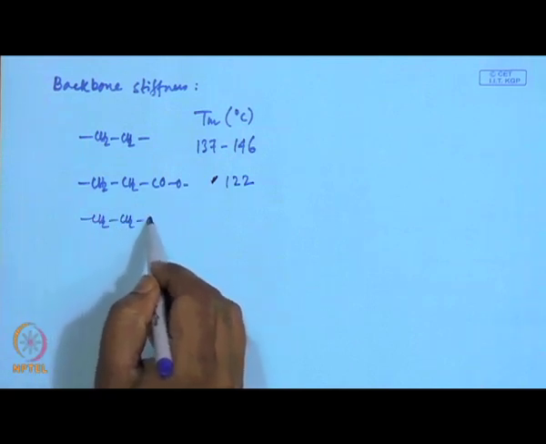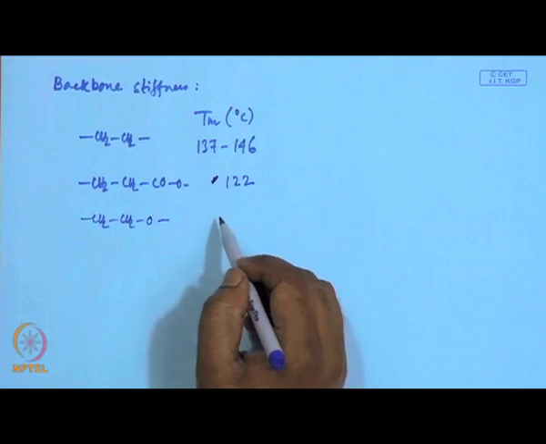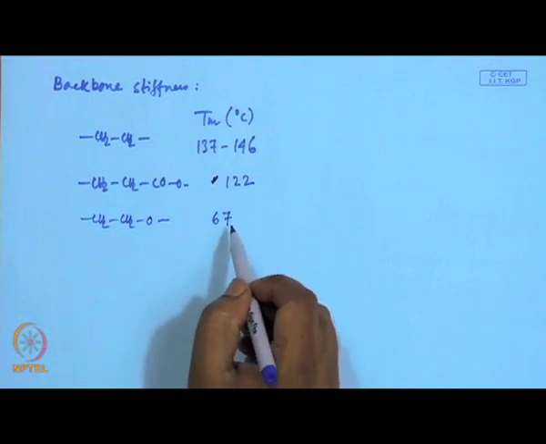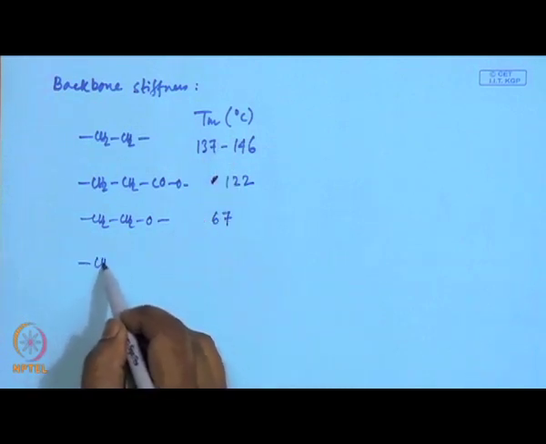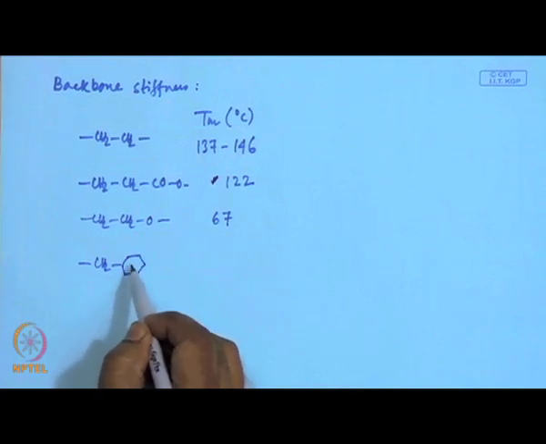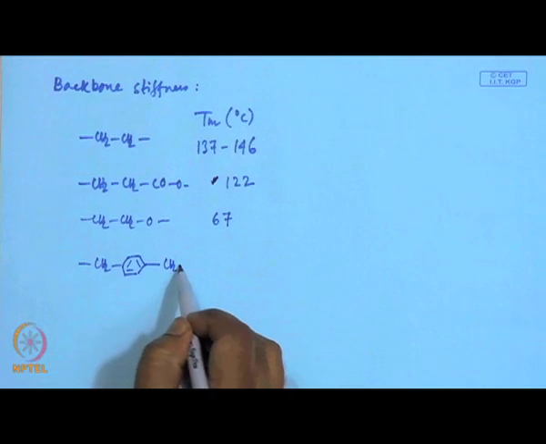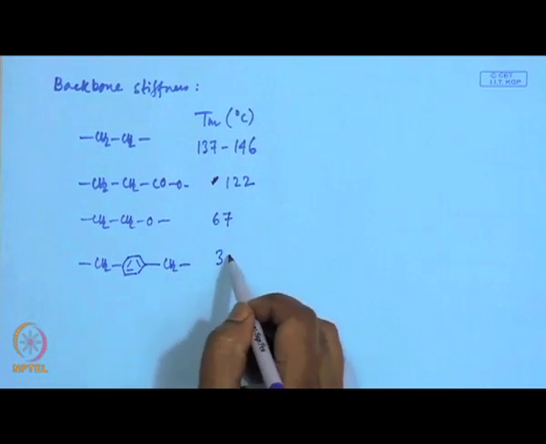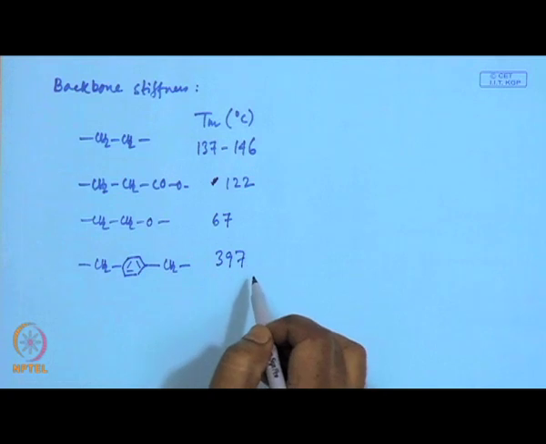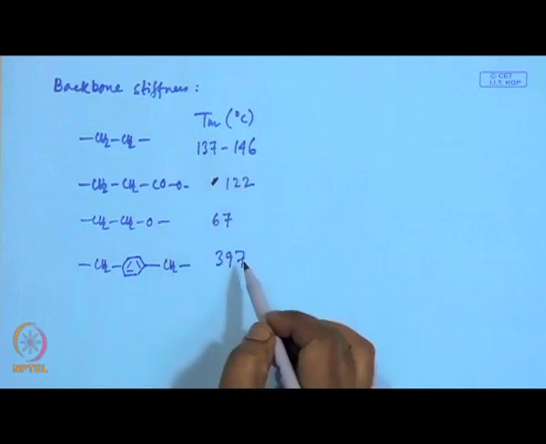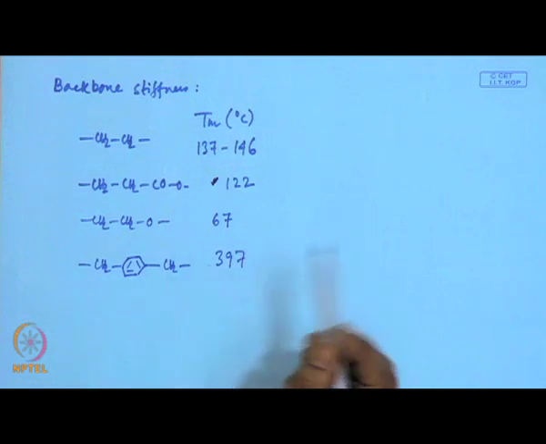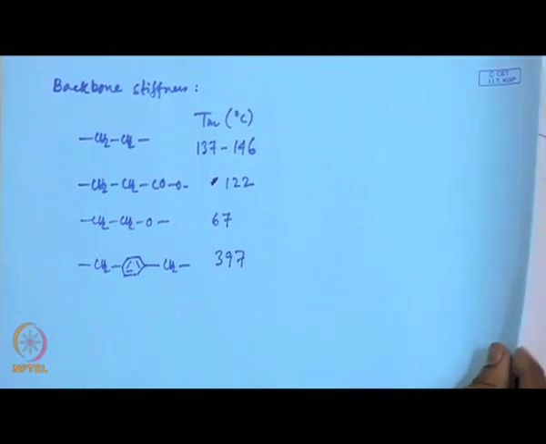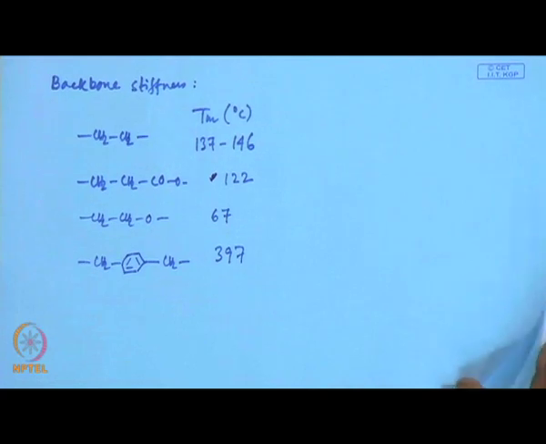If you just have an ether linkage, then flexibility goes up even higher, and you get a drop in Tm value. If you introduce a phenyl ring in the backbone, your stiffness will go up and you get a much higher Tm value, an increased Tm as a result of the increase in backbone polymer chain stiffness.